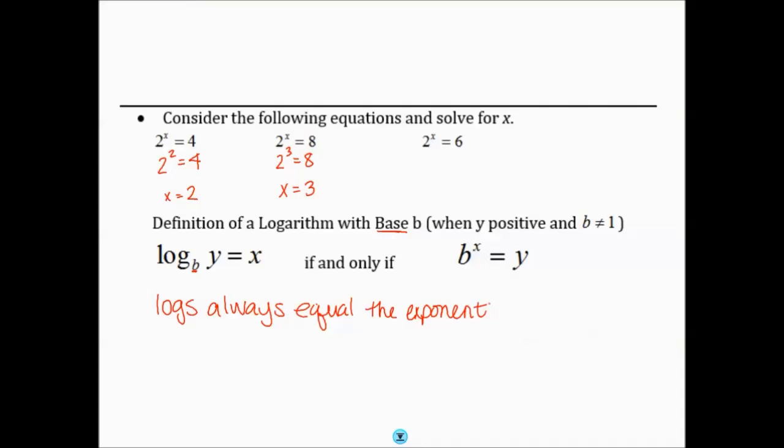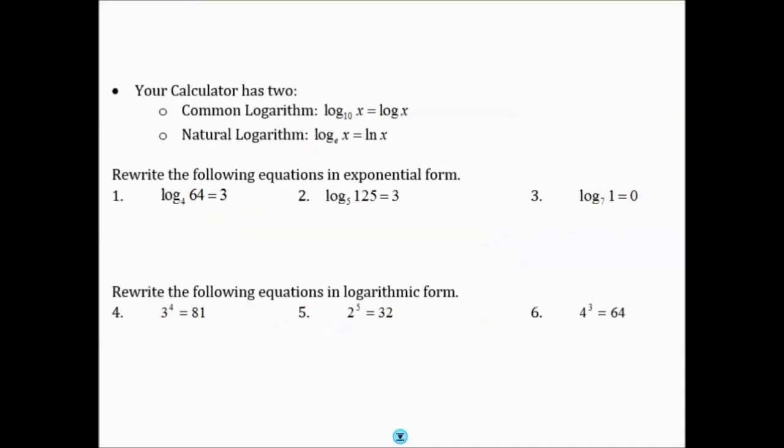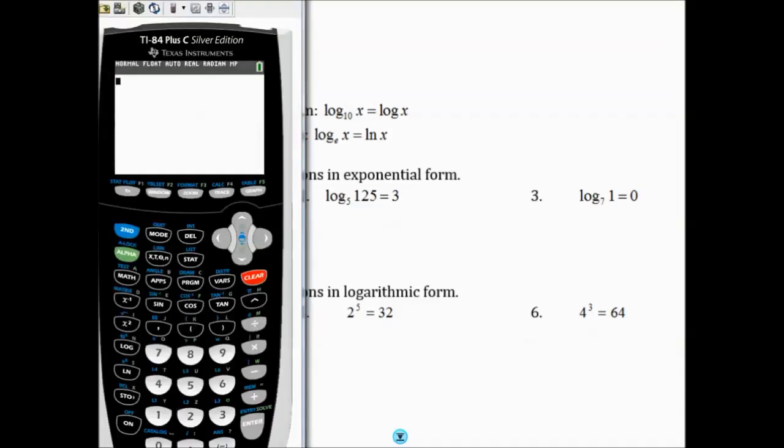Let's look at a couple of examples of this. Now, we have two different types of logarithms on your calculator. The common log is log base 10. And typically, you don't write the base for that. You just write log of x. So if you look at your calculator, the log button on the side is the common log, or log base 10.